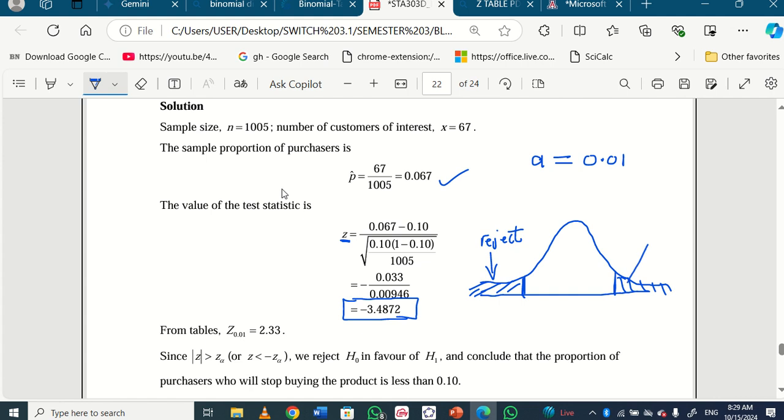This region is still a rejection region. So if here is my 0.01, then it means that if I subtract this from 1, 1 minus 0.01 will give me 0.99.